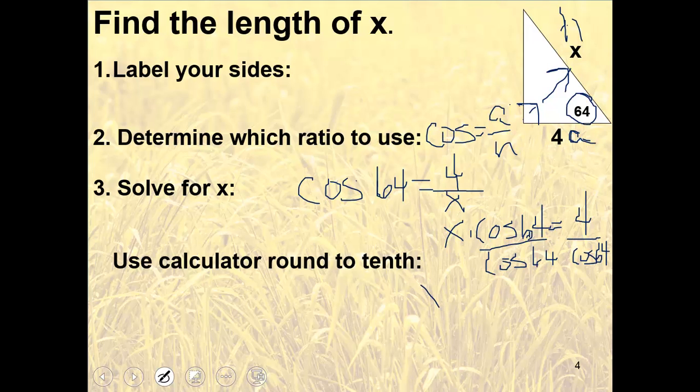And then I get x is equal to 4 divided by cosine 64. 9.12, so that keeps it at 9.1. Just like that. And you're done.